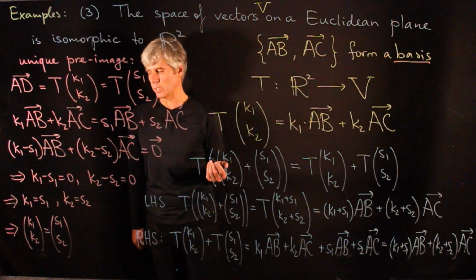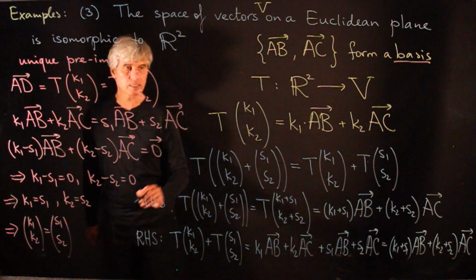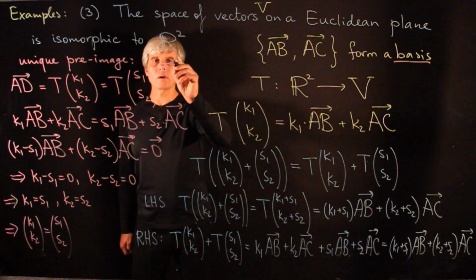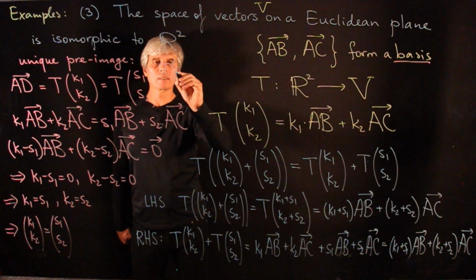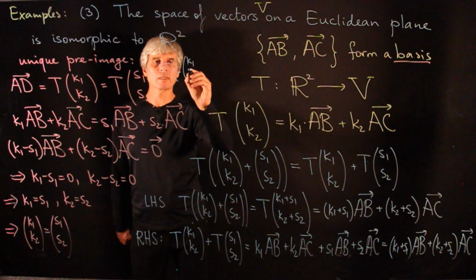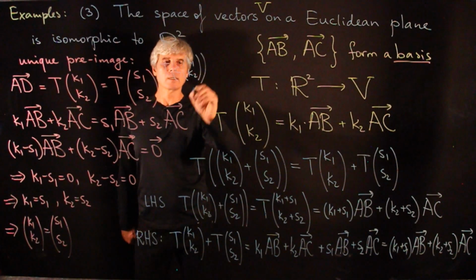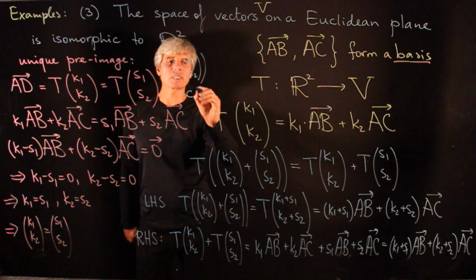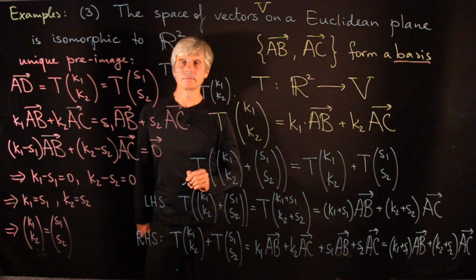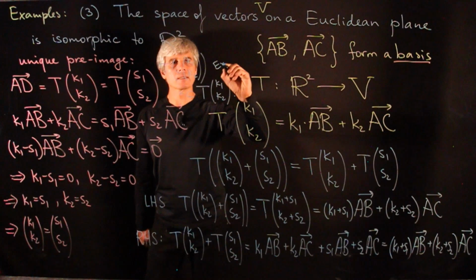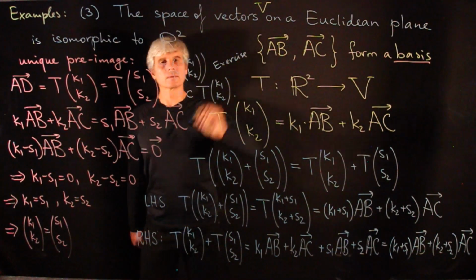Here we need to show that T of a constant times (K1, K2) is equal to c times T of (K1, K2). So this is an exercise. Now let us state the main theorem of today's lecture.